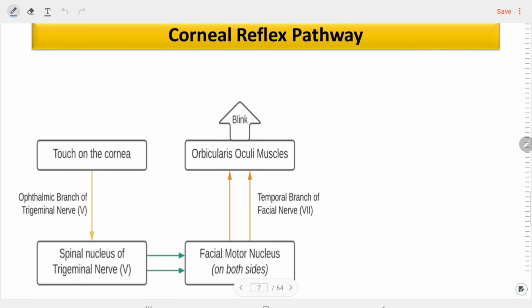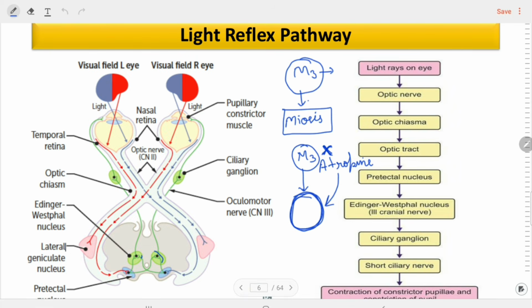So if the signal goes to both sides, that will lead to blinking of both eyelids. That reaction does not occur in the rabbit, because in the rabbit the signal does not go to both sides. Like in the light reflex, in the rabbit from the pretectal nucleus, the signal does not go to both sides. It goes to a single side, the ipsilateral Edinger-Westphal nucleus.